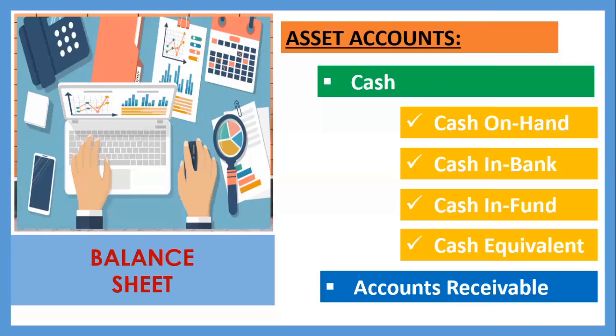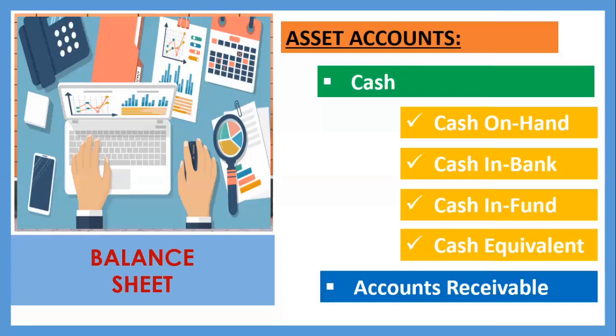For example, cash in bank Security Bank, or cash in bank BPI, or Bank of the Philippine Islands, or cash in bank Metro Bank. Okay, it is highly suggested that when you use the account in the journal entry, you have to include the name of the bank, given that a certain company uses different accounts.